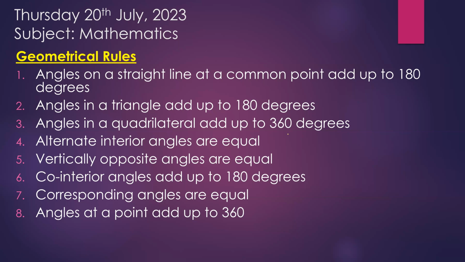That's fine. I can remind you. Remember, alternate is this. Is it a C? It is a Z. A Z, yes. So the shape that alternate interior angles gives us is the Z shape. All right, good.